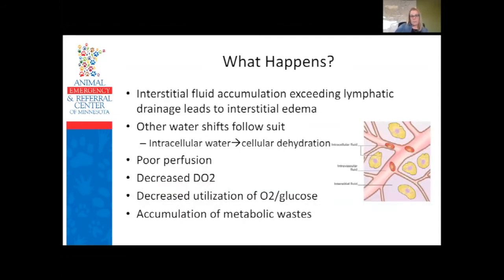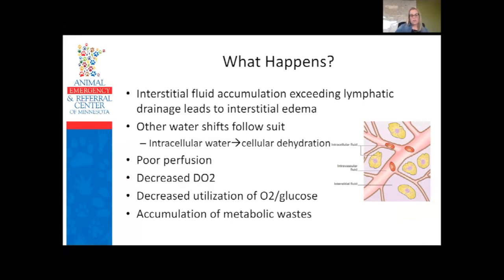So what can happen with excessive fluid shifting? If that fluid is shifting inappropriately or sometimes even appropriately, if we start to have too much interstitial fluid accumulation such that it exceeds the lymphatic drainage capabilities, you'll start to see the development of interstitial edema and interstitial overhydration in these patients. Other water shifts will also follow suit.